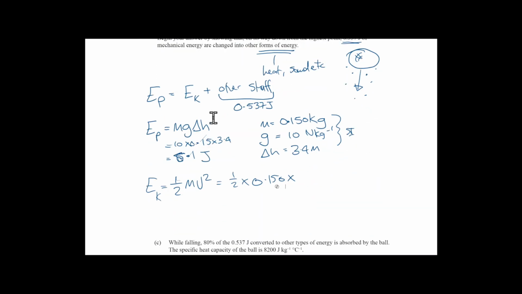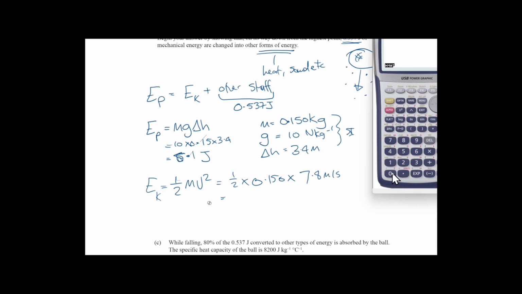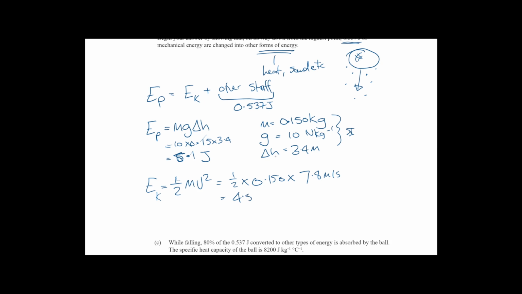It's already in SI units. And we grab our calculator and work it out. So half, so 0.5 times 0.15 times 7.8 squared is 4.563 joules, which is less than we started with.